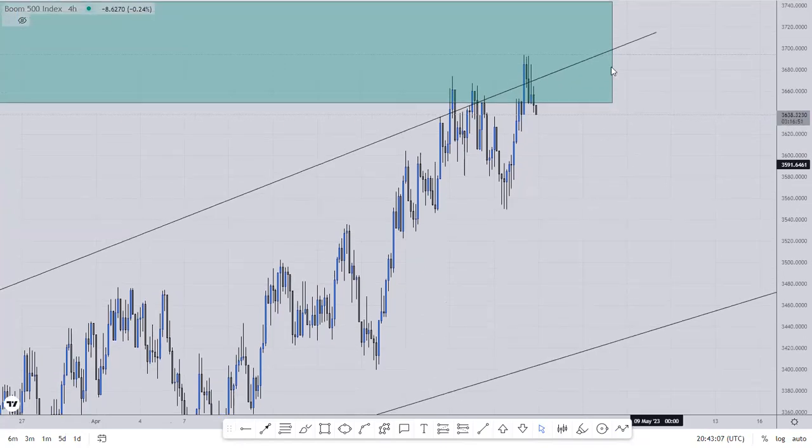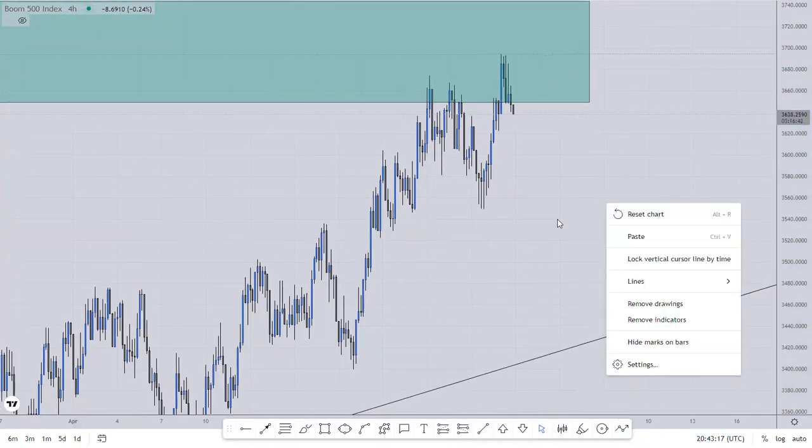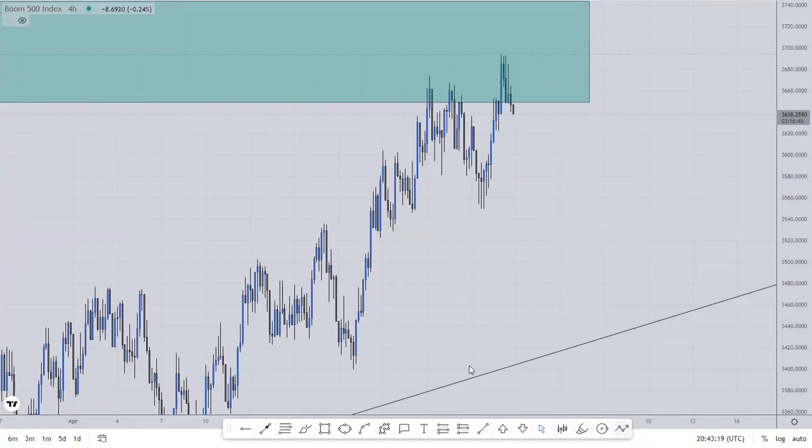So let me just remove this. I don't need this. Now we can see the bullish movement, higher high, higher low, higher high, came to the same higher low, failed to break the higher low, then a higher high. So how is it going to confirm for us?